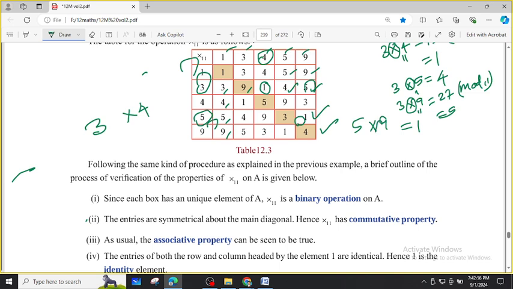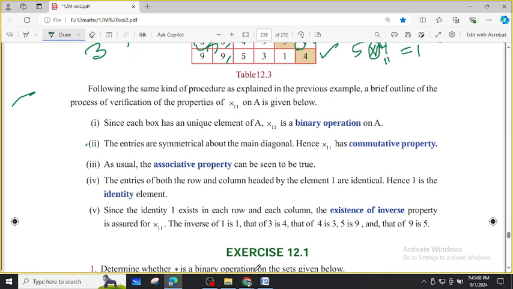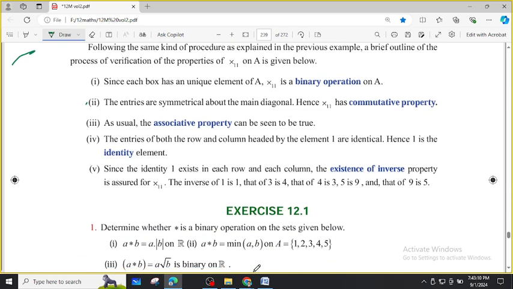So for 5 the inverse is 9, and similarly for 9, 5 is the inverse. Here we have completed the subset. In multiplicative modulo 11, the subset 1, 3, 4, 5, 9 has a binary operation, commutative property true, associative property true, 1 is the identity, and inverses exist. For 3, the inverse is 4, and similarly for 5, 9 is the inverse.